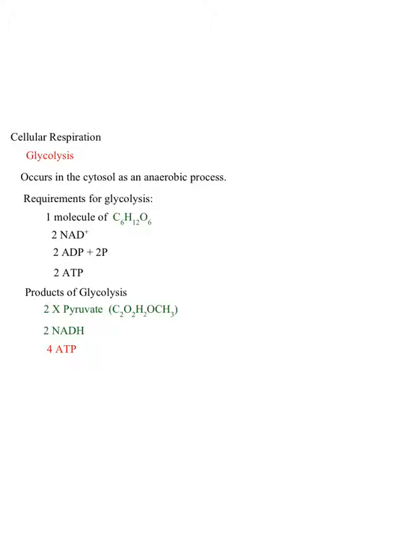This occurs out in the cytosol with no special structures necessary, as a completely anaerobic process, so no oxygen is required. However, let's look at the other stuff that's needed for glycolysis. We, of course, need a glucose molecule because that's what we're going to be breaking down.